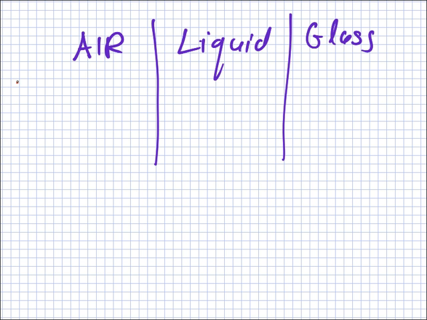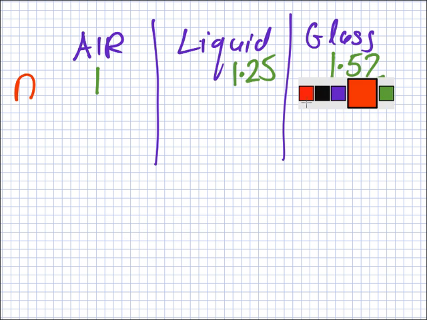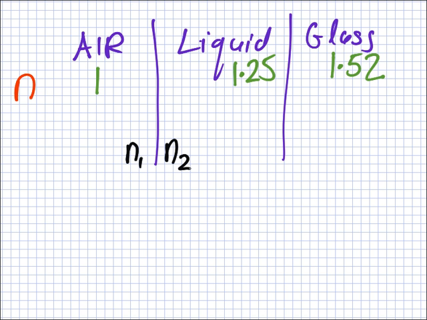The first one is 1. And here, 1.25. And then here, 1.52. So this one is a bit like the N1 and this one's a bit like the N2.